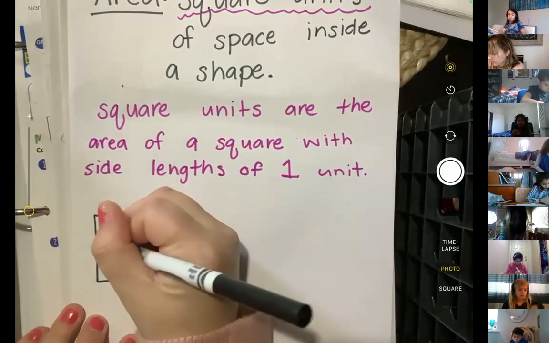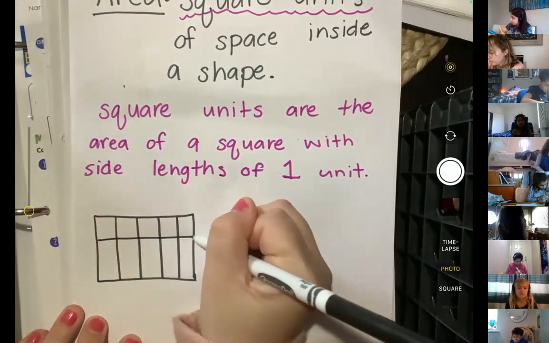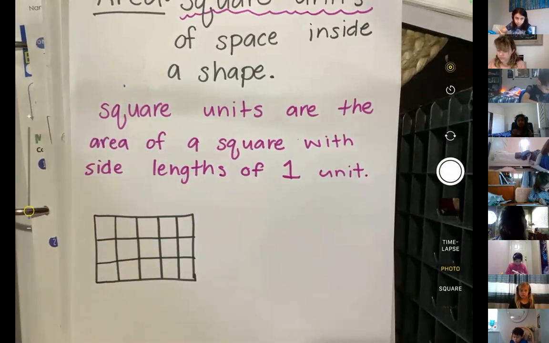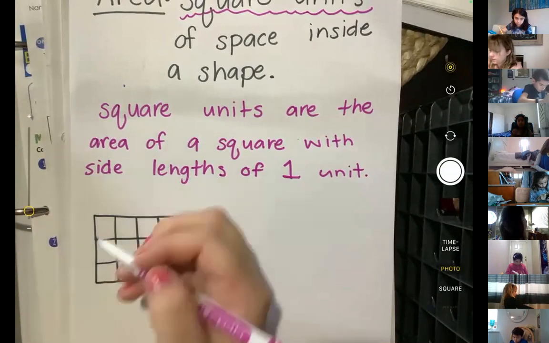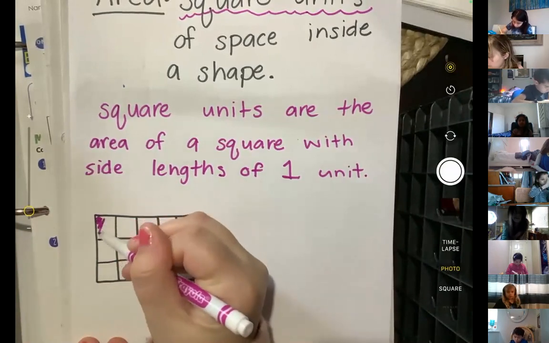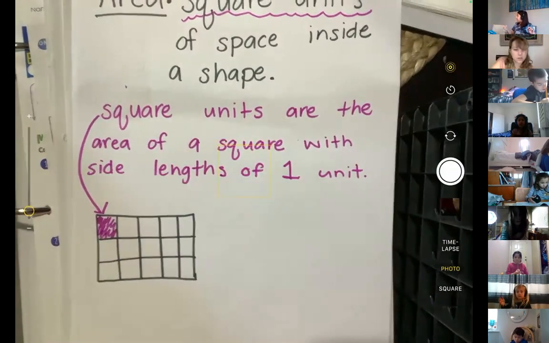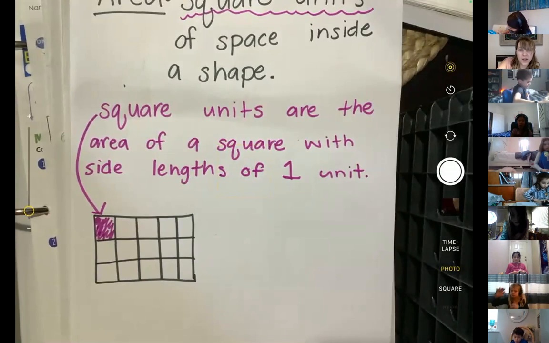Oh, it's a little off. Okay. So for example, this right here, little shaded area, that little square is a square unit. Okay.